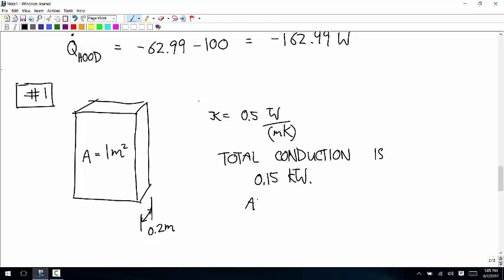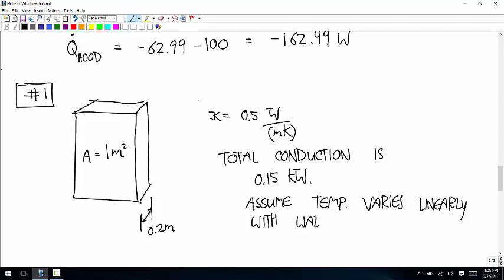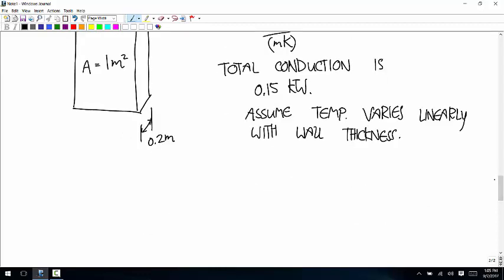We're going to assume that the temperature of the wall varies linearly as you go through that thickness. And what we want to figure out is what's the difference in temperature between the inside of that wall and the outside of the wall.